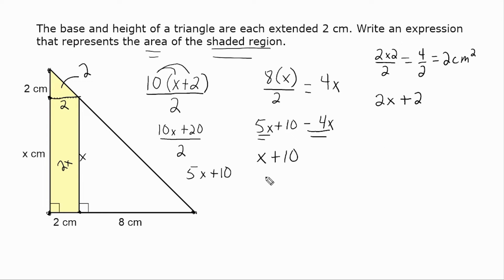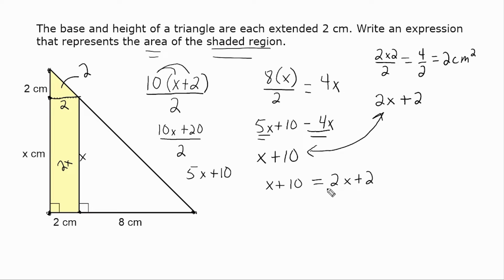Now, because we came up with two different expressions that represent the area of the shaded region, that means that these two expressions must be equivalent to each other. So if we take x plus 10 and set that equal to 2x plus 2, that would allow us to determine what the value of x is. So let us go ahead and do that.